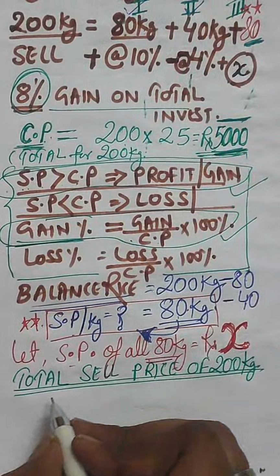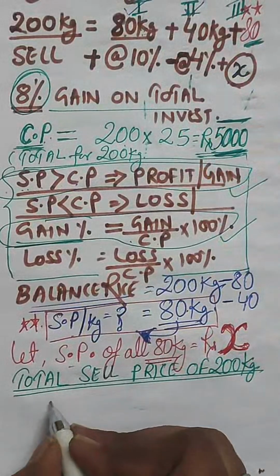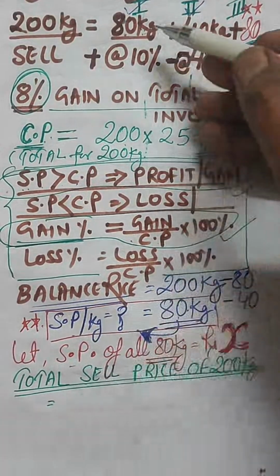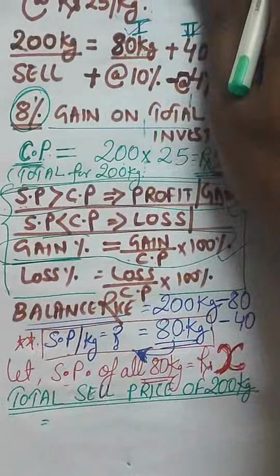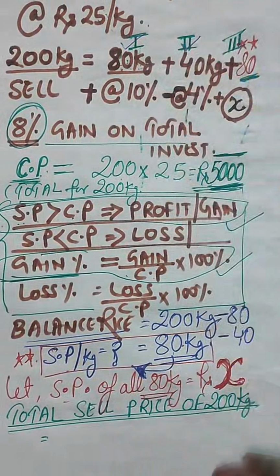So what will be the sale price of this 80 kg? The cost price of this 80 kg will be 80 into 25, isn't it? 80 into this 25, that is 2000, right?